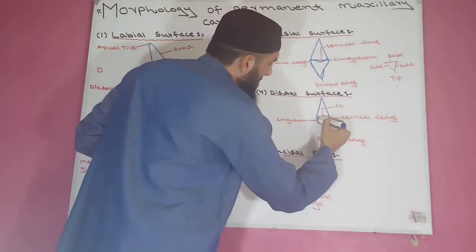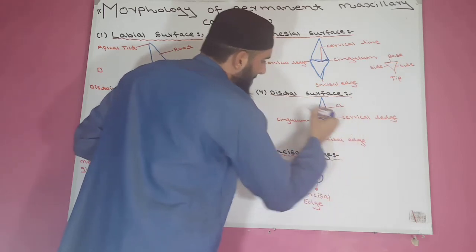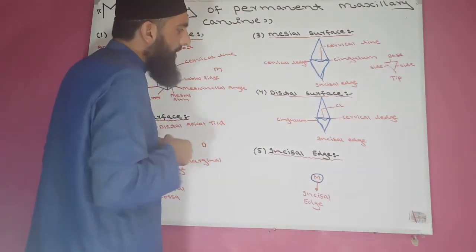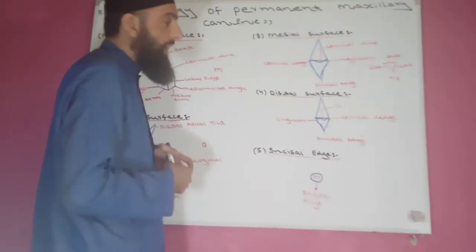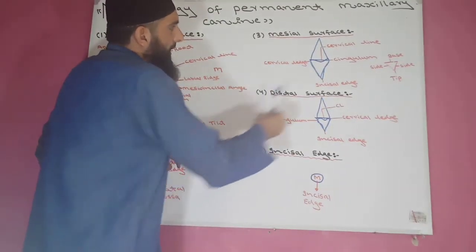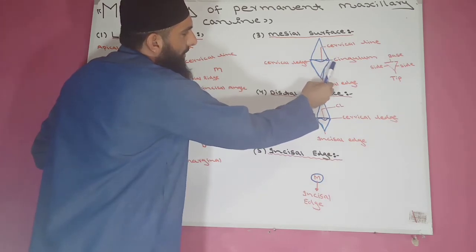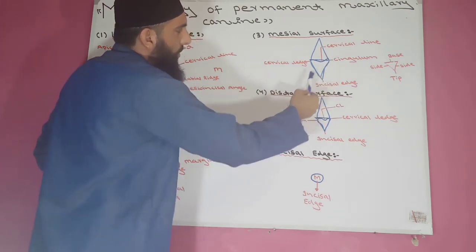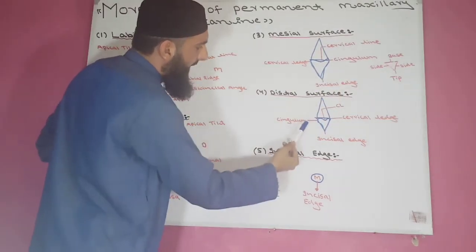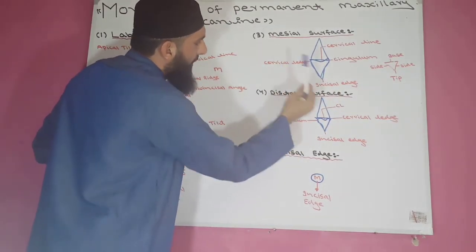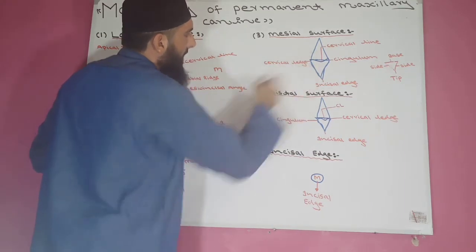if I place the same triangle here, the base of the triangle is formed by the cervical line and the tip by the incisal edge, but here one side is formed by the palatal surface. Now when we rotate the tooth, the palatal surface will come here and the labial surface will come here, because we rotated the tooth.